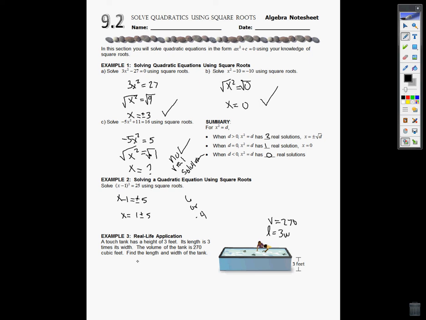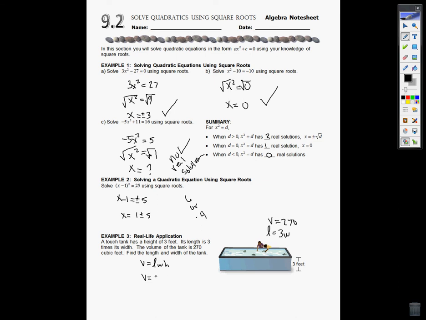Okay, so it looks like we're supposed to be using volume here. What's the volume formula? Well, volume equals length times width times height. Okay, I was given height, so I know that that's going to be a 3. Volume equals, and I was also given that the length is 3 times the width.